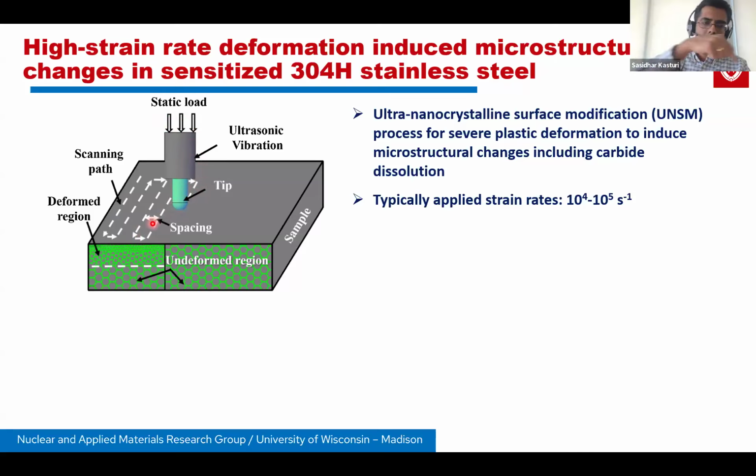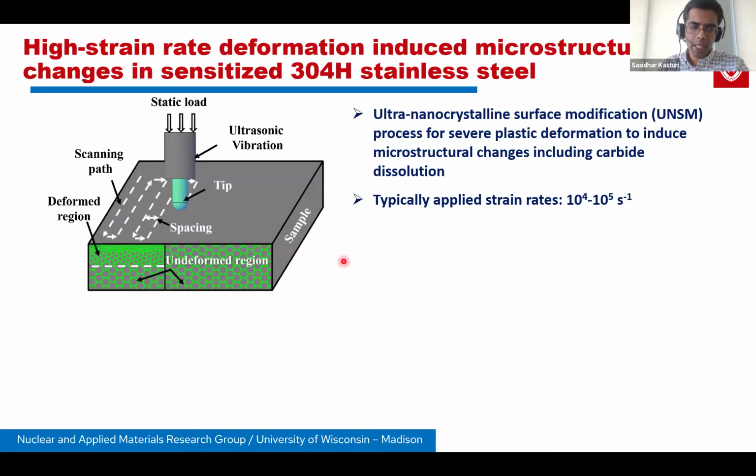So it goes by a rastering mechanism, and in the process of the ultrasonic vibrations, it introduces very high strain rate deformation, where the strain rates can go as high as 10^4 s⁻¹. So in different materials, this high strain rate deformation gives rise to several deformation mechanisms, which are mostly associated with mechanical hardening.